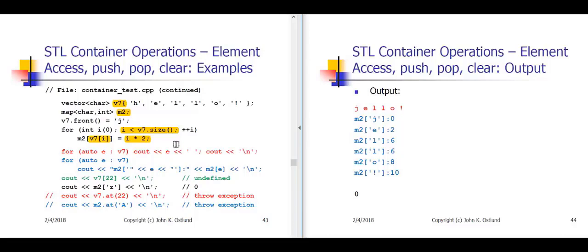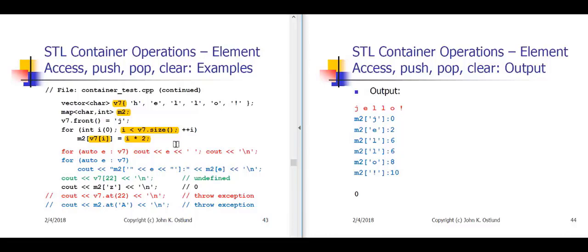That value part currently contains a 4, that is the 2 times 2 that we stored in the previous iteration of the loop, but now I'm going to replace that 4 with a 6. So M2 sub little l is now 6.